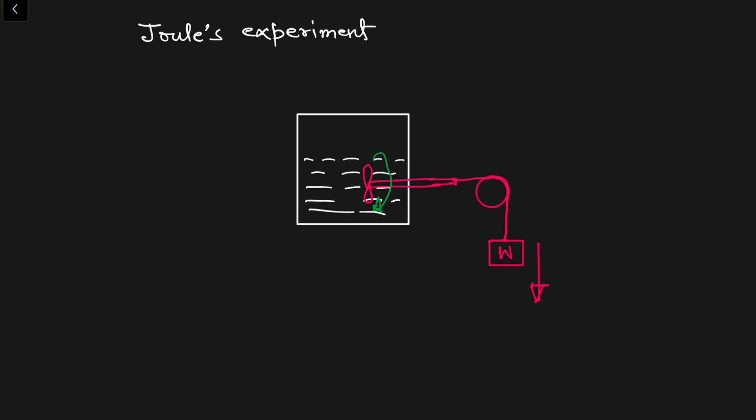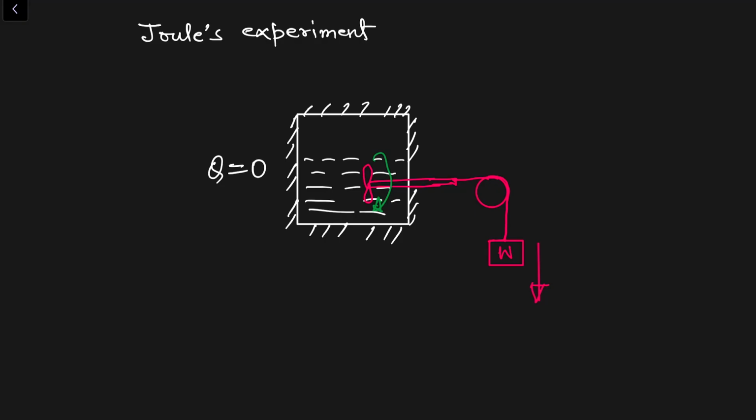And we will see that when the wheel rotates, the temperature of this water will rise. To study this temperature rise, Joule insulated the whole container, which means that there was no heat transfer here.